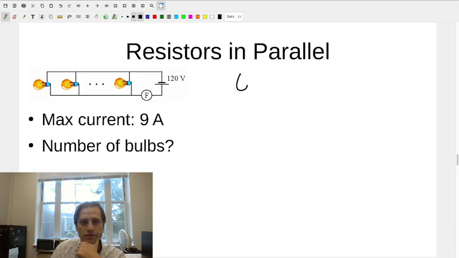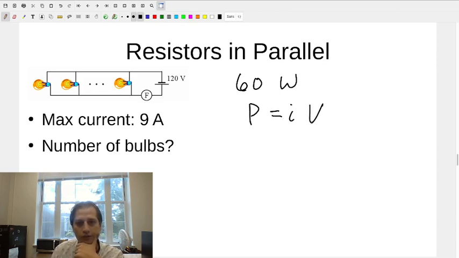Okay, so 60 watts. We have 120 volts. Now we know that P equals I times V. Each of these light bulbs is in parallel, and in fact if you think about it, each one of your outlets in a regular house is wired this way. You have 120 volts in each one of your outlets.